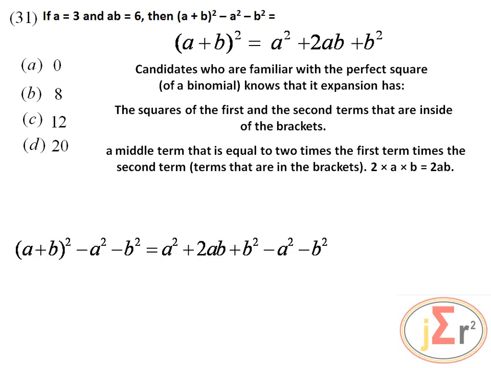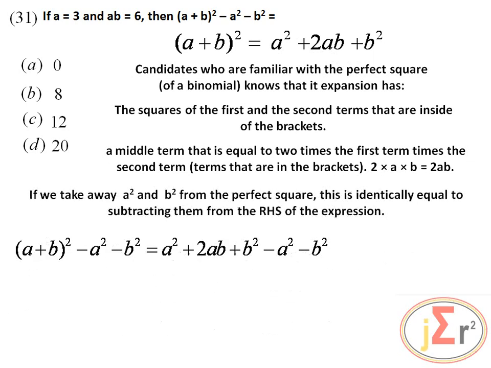Therefore, what do we have here? If we take away a squared and b squared from the perfect square, this is identically equal to subtracting them from the right hand side of the expression. We have (a plus b) all squared minus a squared minus b squared.